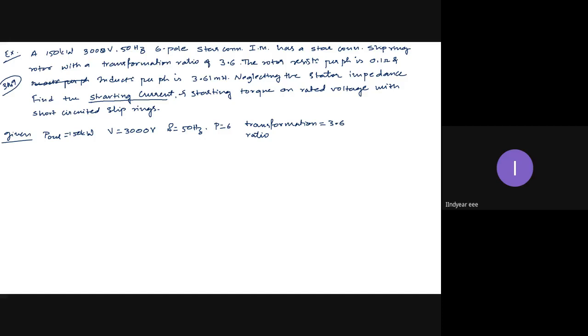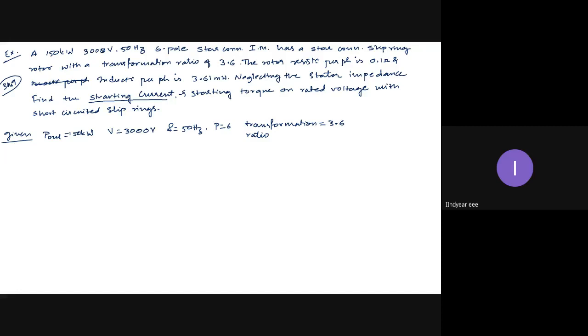In some books they have taken it as transformation ratio, in some as turns ratio. When it is turns ratio, in a transformer it is primary to secondary. When it is transformation ratio, it is always secondary to primary. This is how we conventionally follow in transformers. Then what to take here, stator to rotor ratio or rotor to stator ratio?